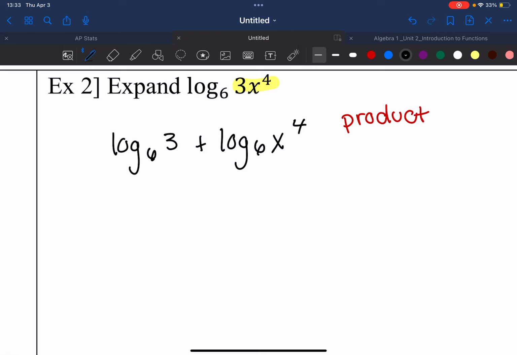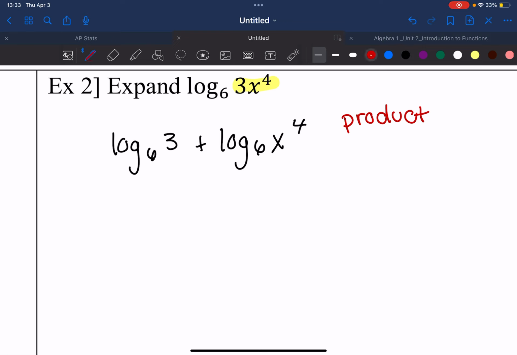Notice in the first problem, I had natural log. That's why I wrote natural log twice. Here, I have log base 6, so I'm going to write log base 6 twice. Whatever those bases are in the logs doesn't change. We're never going to change it. It's just going to be expanded using whatever properties we're using.